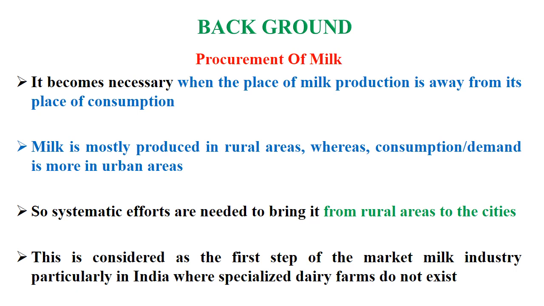Particularly in rural India, most of the milk is produced in a scattered manner, but the demand is more in the urban areas, towns and cities. So systematic efforts are needed to bring the milk from rural areas to the cities, and that is how procurement of milk becomes important, and this is considered the first step for the market milk industry.